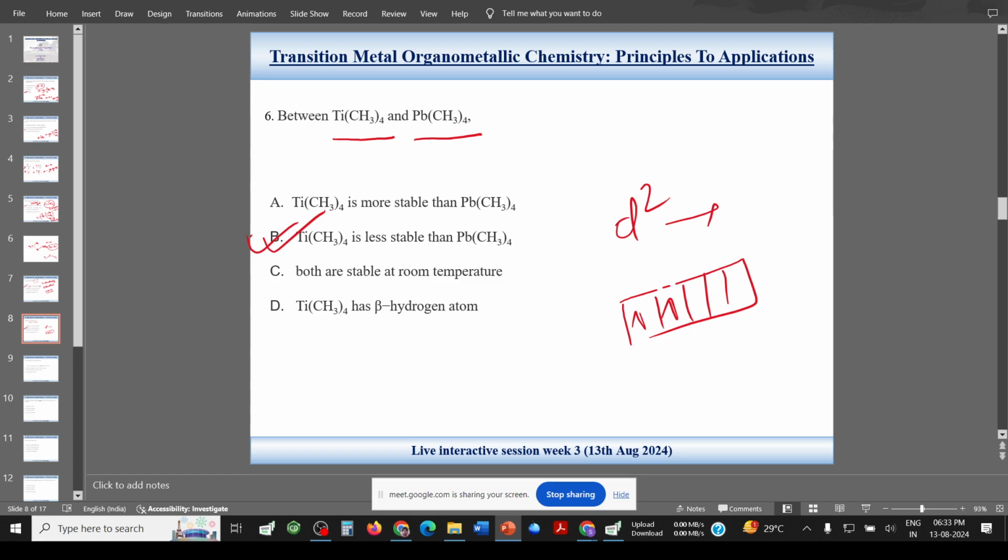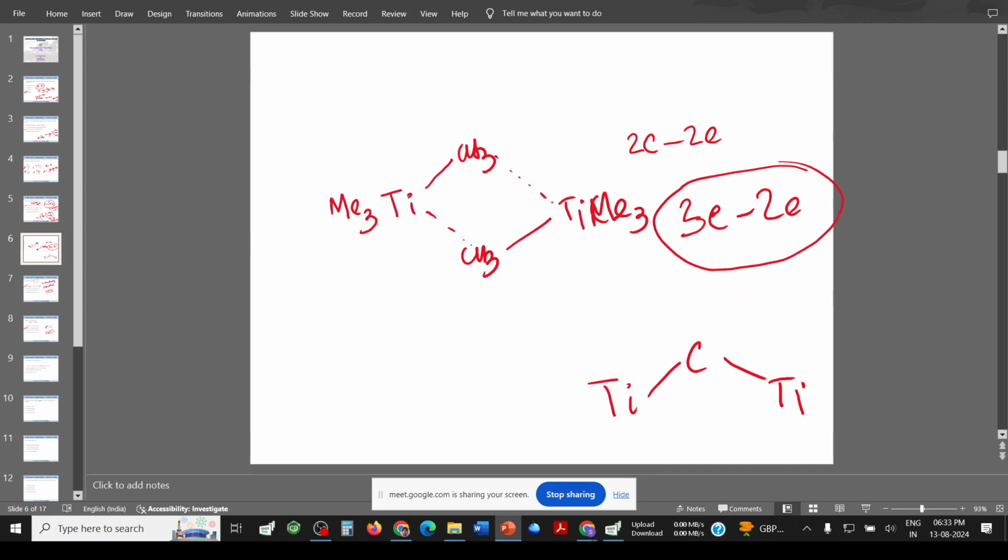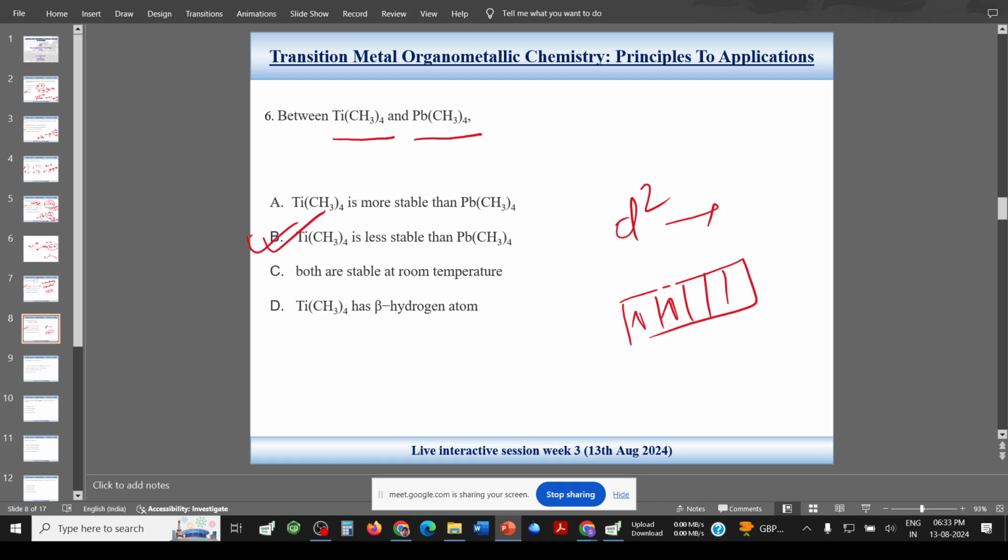That is not possible for lead. That's why the bimolecular interaction is favored in the tetramethyl titanium complex, which is not favored in lead. That's why titanium decomposes by this mechanism, whereas lead does not decompose by the bimolecular mechanism, and that's why it is stable.